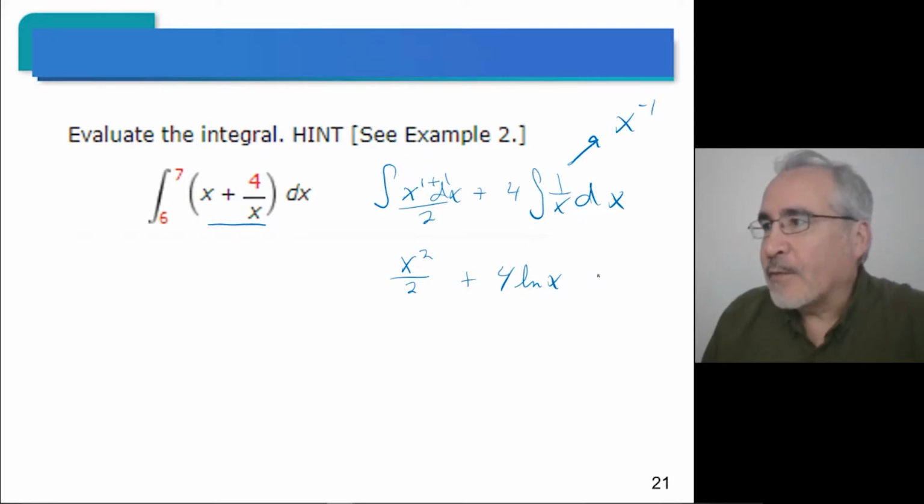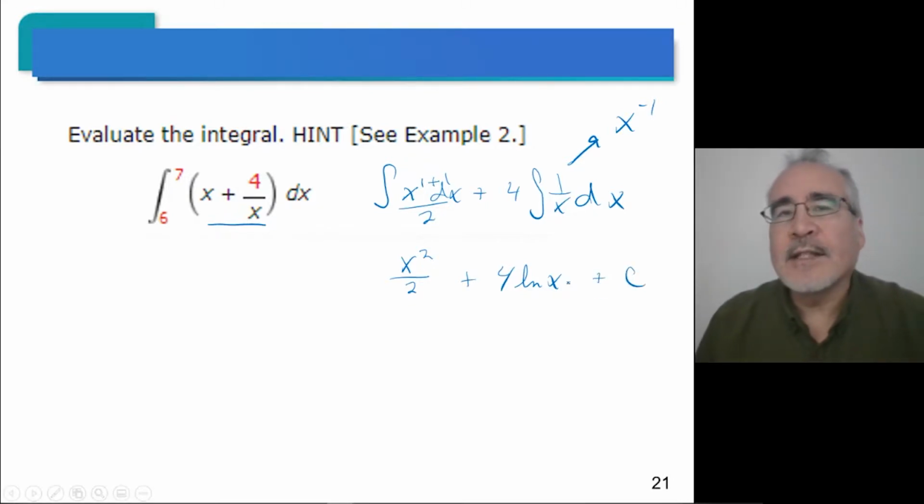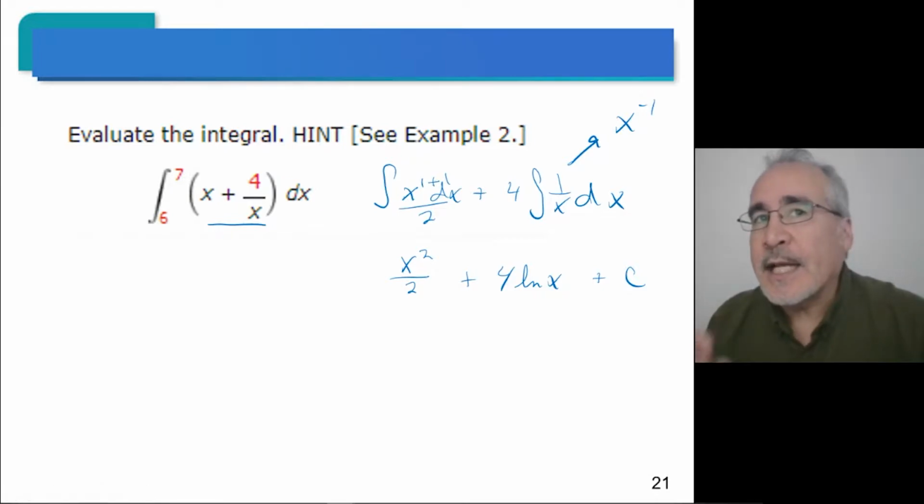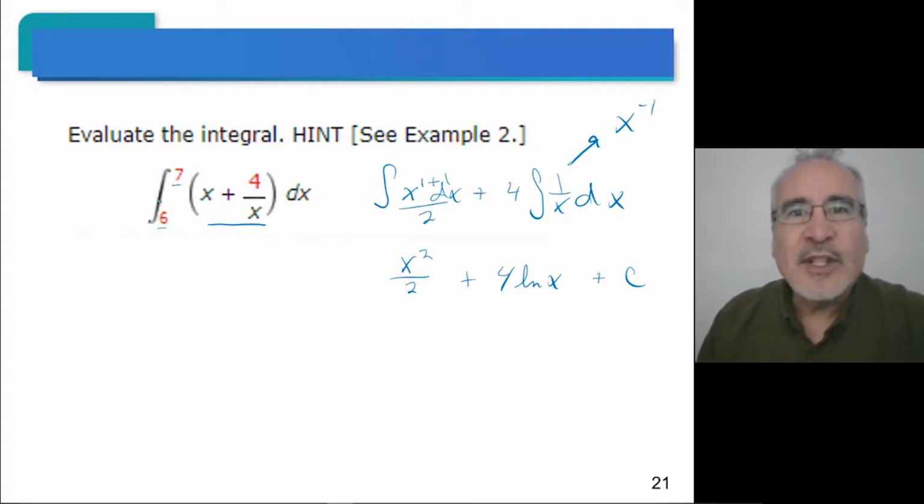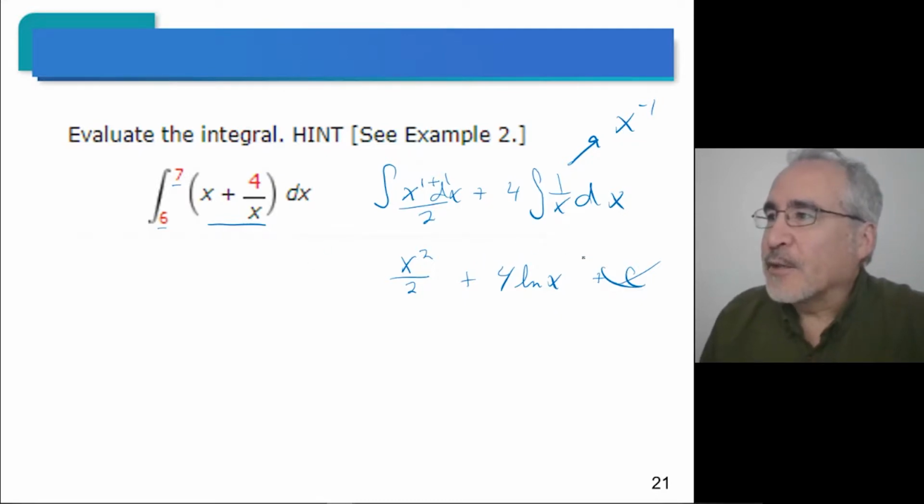Okay, and before we were putting in a plus a constant, we see that now that we're doing a definite integral, we have these boundaries on it. That is really going to cancel out, so we don't need it anymore. What we do instead is we write, we're going from 6 to 7.